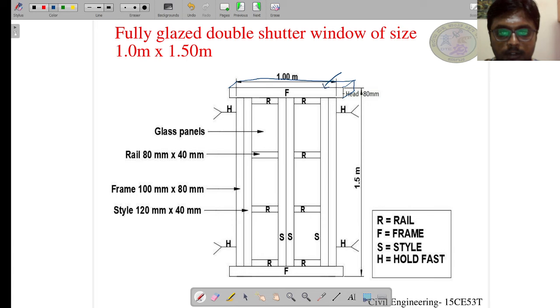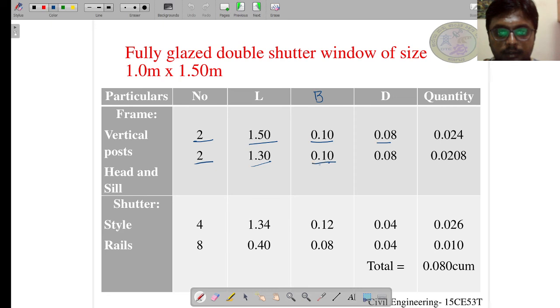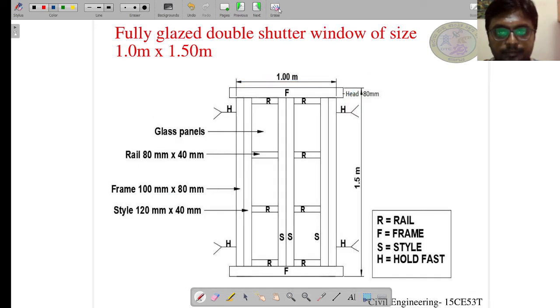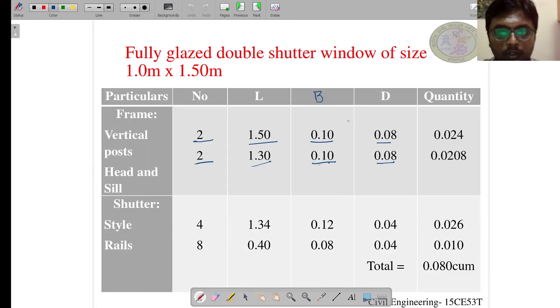This part is 100 mm, which is the breadth, and the depth is the same, 80 mm. Next, the shutter. Let us tabulate the shutter members. We have 4 stiles and 8 rails.